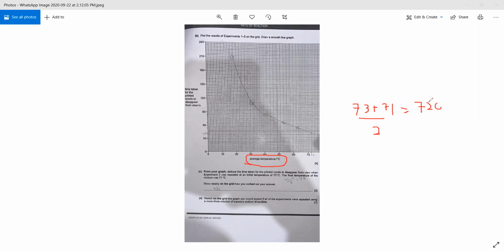So basically you need the time when the average temperature is 72. You will draw a line from where the average temperature is 72 and find the time for the cross to disappear. Is it clear?